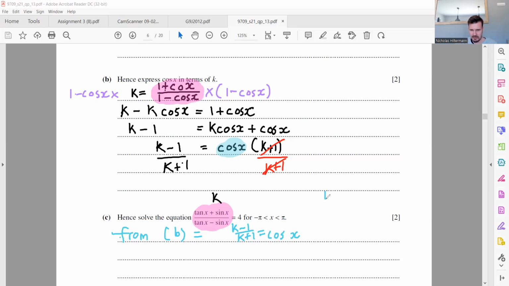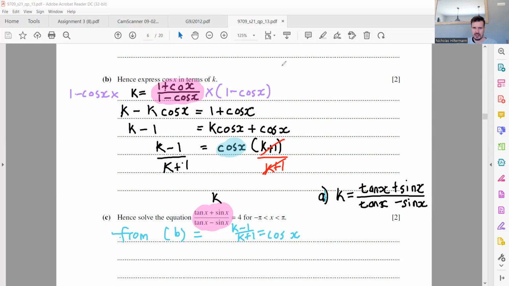So let me just write that from the beginning. In A, we haven't got it on this piece, but if we were to scroll up to A, we would see that they've already told us that k equals tan x plus sin x. So this is from A. Even without understanding what's going on, if you're a bit blurry on this, that's okay.